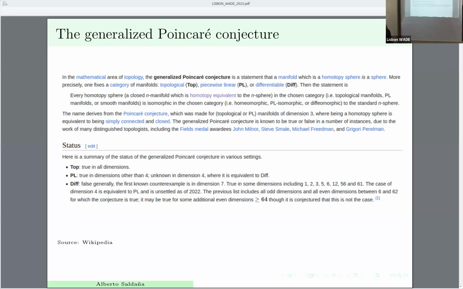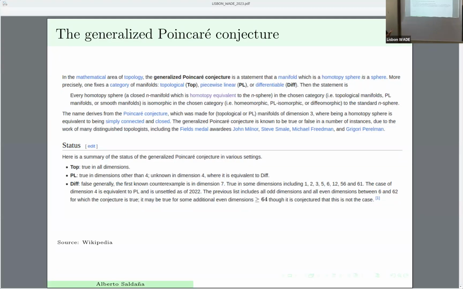The first known counterexample is in dimension 7. Then there are some dimensions where it's true, like 1, 2, 3, 5, 6, 12, 56, 61. In fact, dimension 4 is unsettled. All odd dimensions are okay, and all even dimensions between 6 and 62 are also okay, but then it's conjectured that after 64 it doesn't hold, but it's not known.